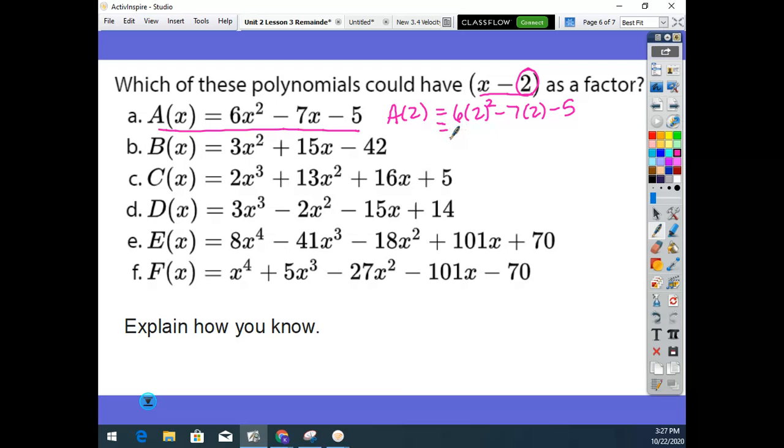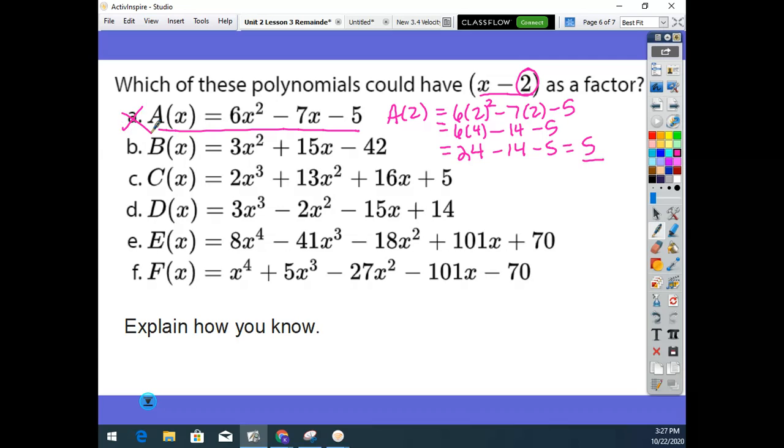So you have a choice of either plugging it in or doing the synthetic. Since a of 2 equals 5, the remainder equals 5, therefore it is not a factor of letter A.